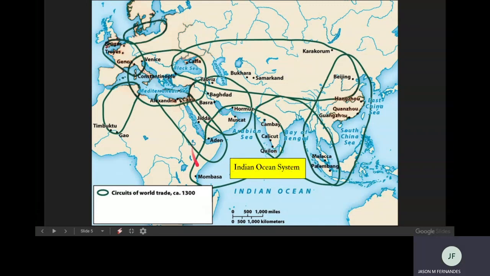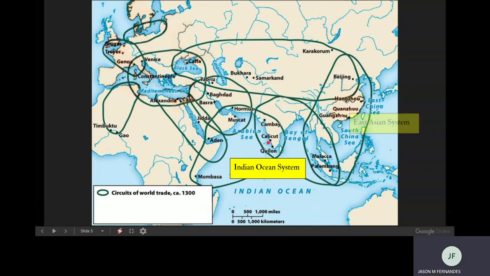So we have these different circuits in here that connect with each other in the Indian Ocean. And this is really the center of this world system. This is kind of where East Asia, South Asia, and the Arab world really come together. And South Asia being the kind of center of this exchange network, centered around places like Calicut, for example.